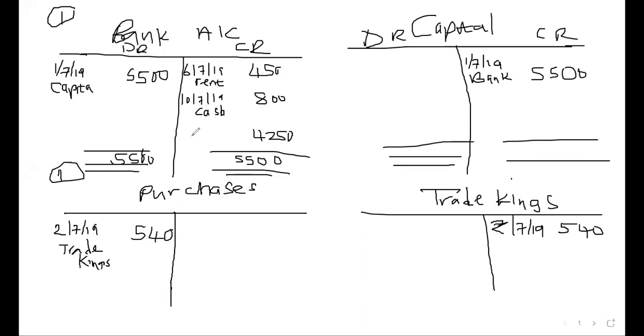This figure is called balance carried down in accounting. So it's the excess of debits. That's why it will say balance brought down. How much is it? 4250.